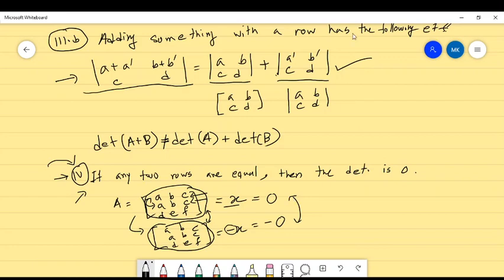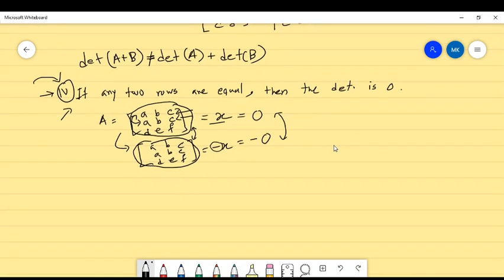Our next property, property 5, concerns the elimination, the Gauss-Jordan elimination.